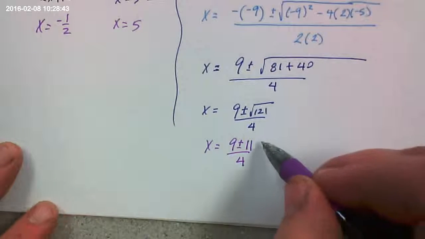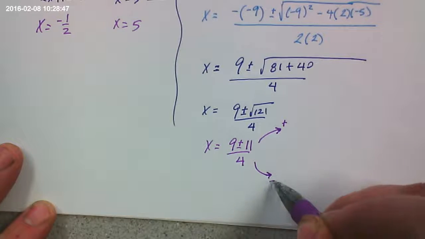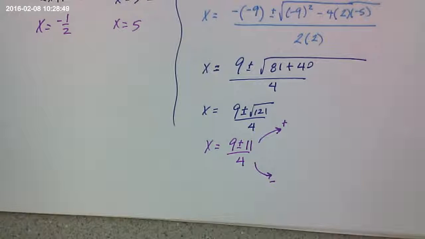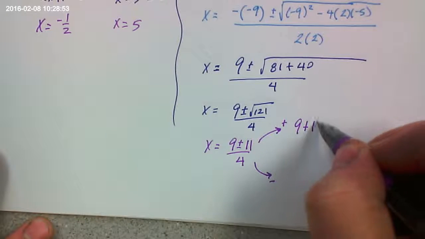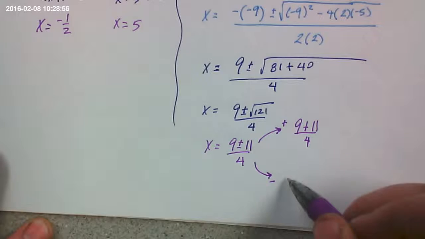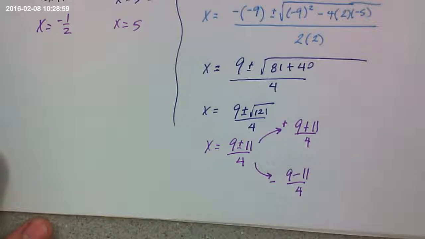Gabe, here's how I do it so I don't mess up. I draw two arrows. That way I keep track that I have to add once and subtract once. So the plus is 9 plus 11 divided by 4. The minus is 9 minus 11 divided by 4. Right?